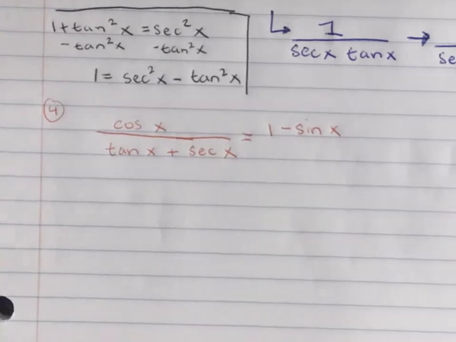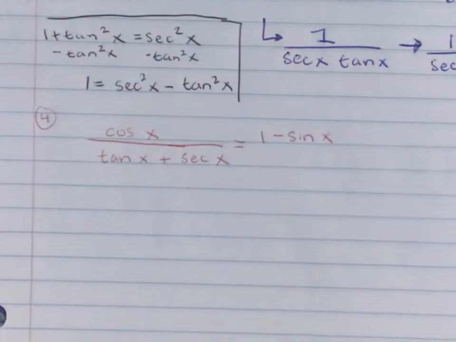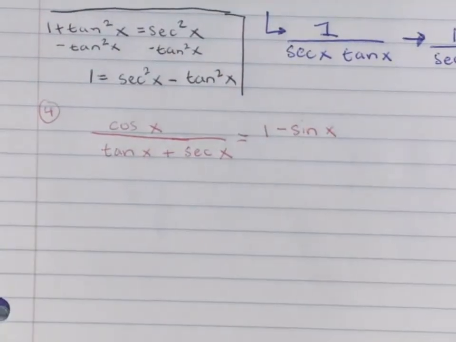All right, so if I'm looking at this one, I'm thinking, I don't see any ones or any signs here. So that is kind of a challenge to get me started.